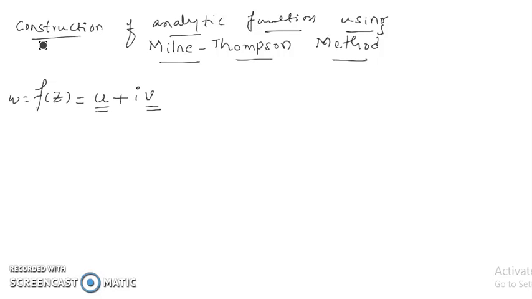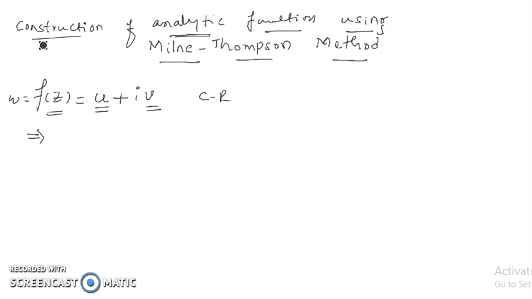To do that, we are going to use Milne-Thomson method, and with the help of CR equations, we are going to construct the analytic function, that is f of z, for a given real or imaginary part of the function. So in this we are going to follow some procedures.